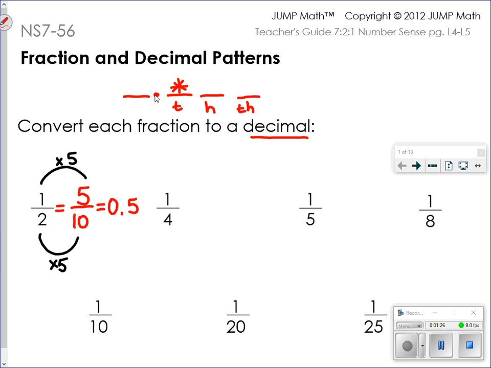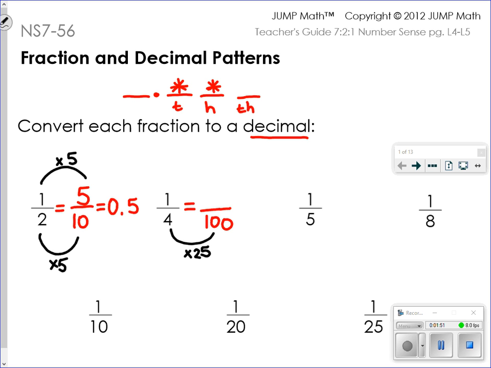Okay, what about 1/4? Well, it won't work to make 1/4 into tenths because there's nothing I can multiply 4 by to equal 10. So in that case, I'm going to make it into hundredths because I know one of my place value locations in decimals is hundredths. What would I have to multiply the 4 by to get 100? 25, right?